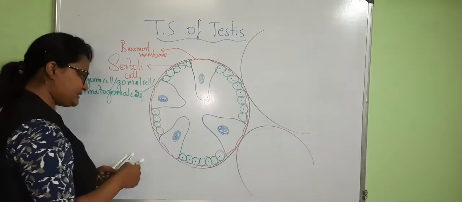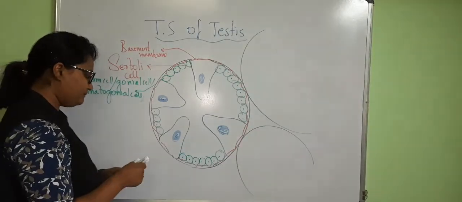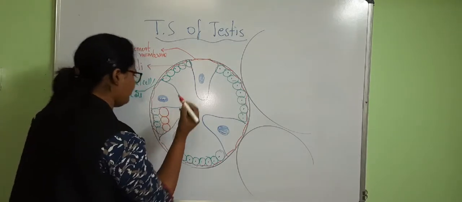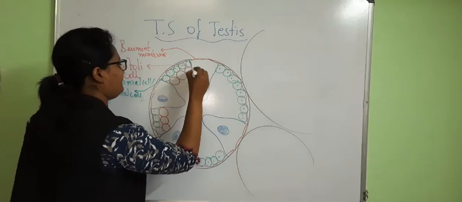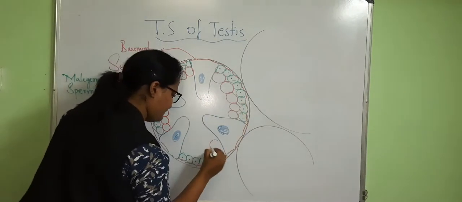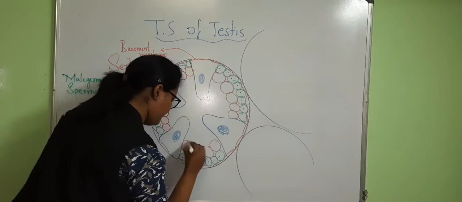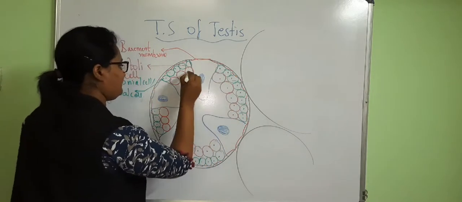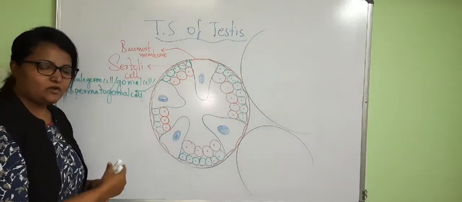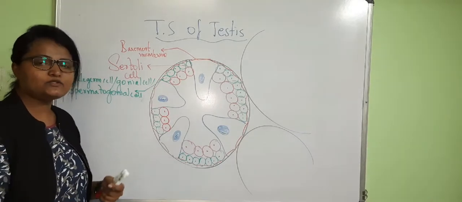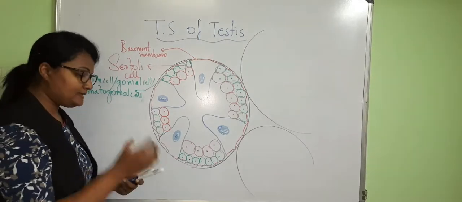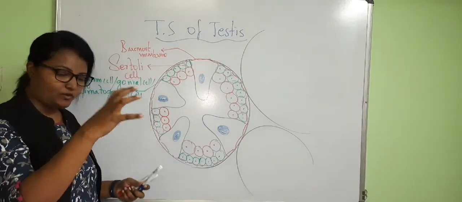When the spermatogonial cells divide, they form... these are drawn slightly bigger because when you study spermatogenesis you will get to know the spermatogonial cells undergo growth phase and they grow in size.